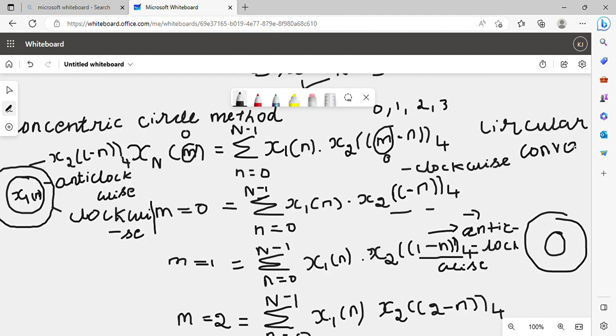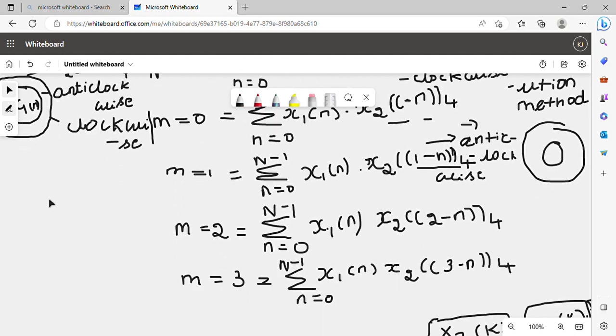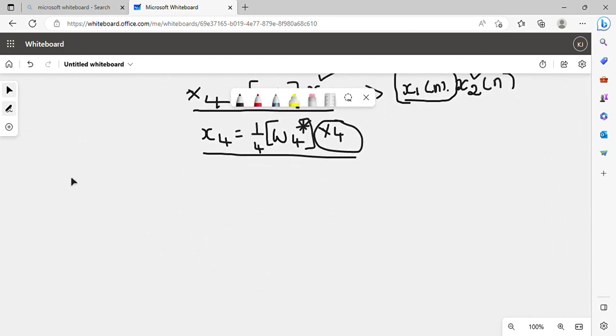The reason we use DFT and IDFT is that whatever resultant you got in the concentric circle method, you get the same resultant in the DFT and IDFT method. If you do either method, or both methods, the resultant will be the same, right? So this is for today's revision session.